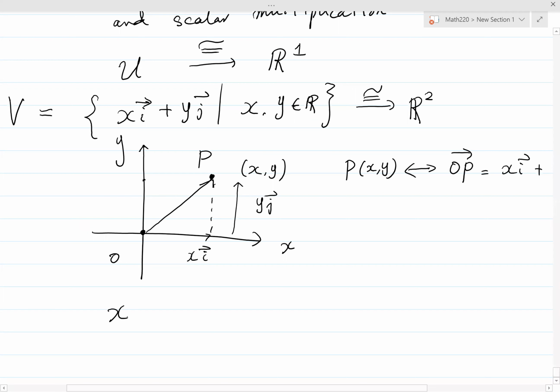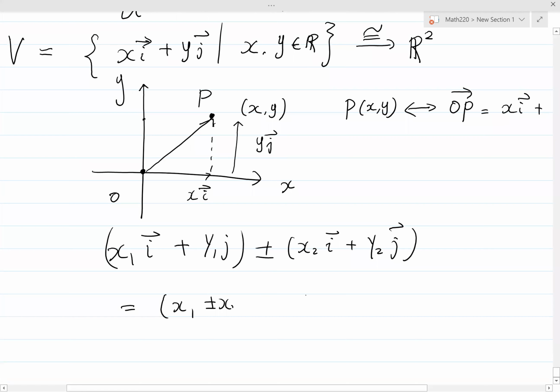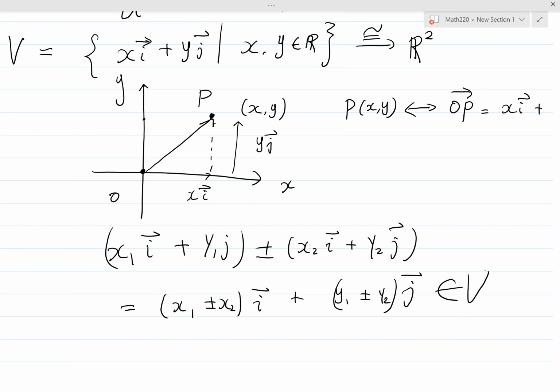For instance, it's almost trivial: x1 i plus y1 j, plus or minus x2 i plus y2 j, gives (x1 plus or minus x2) i plus (y1 plus or minus y2) j. So it's again some multiple of i plus some multiple of j, so it again lies in V. You check the same for multiplication by any number, so it's stable.